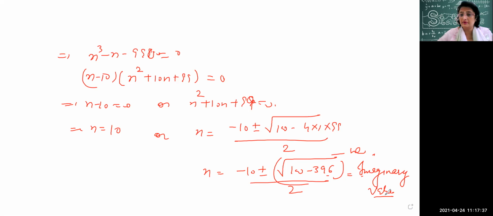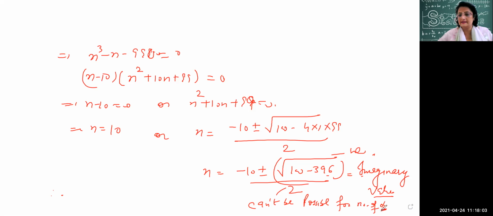ठीक है, इमेजिनरी वैल्यू. लेकिन वी आर बेटा वर्किंग इन अ रियल फॉर्म, सो वी विल नॉट कंसीडर दिस इमेजिनरी वैल्यू, क्योंकि एन जो है बेटा, एन इज द नंबर ऑफ ऑब्जर्वेशंस. सो नंबर ऑफ ऑब्जर्वेशंस कांट बी इमेजिनरी, राइट? Therefore this can't be possible. आप लिख देंगे can't be possible for number of observations.